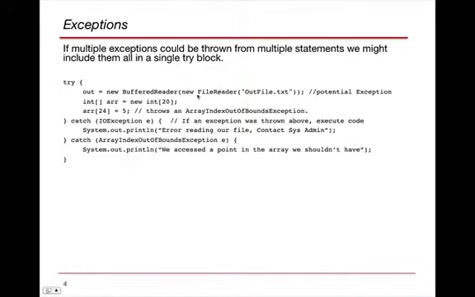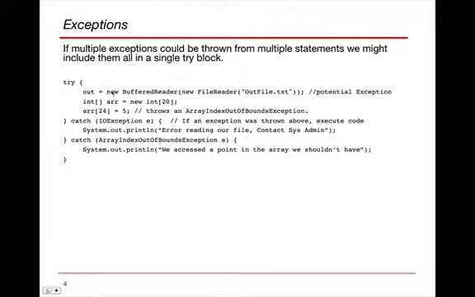We could also have multiple statements that may throw an exception. In this case, we have another try block where this buffered reader line could throw an IOException error. But we also may have an array index out of bounds exception being thrown by this because we are accessing a point of an array that does not exist, the 24th location out of an integer array of 20.